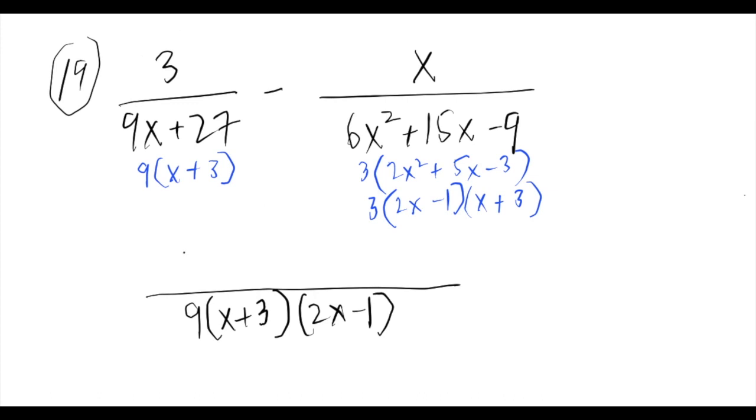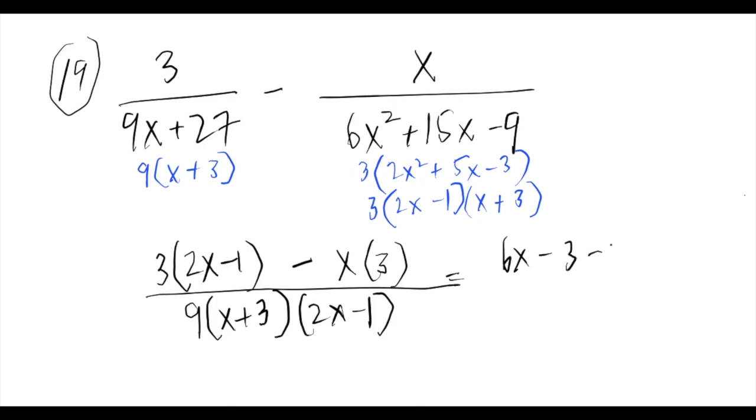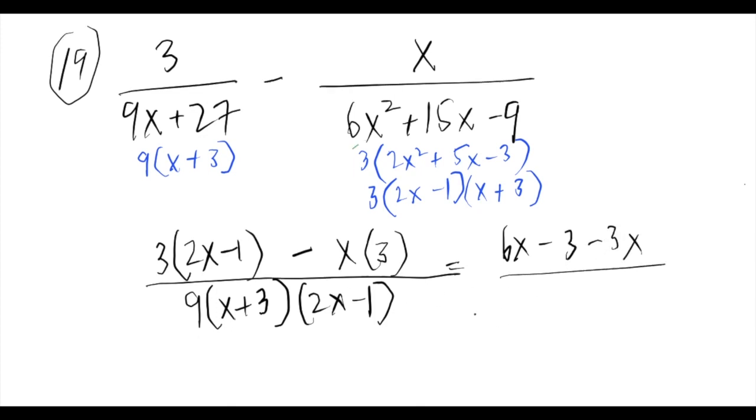Okay, so here, nag-multiply natin sa 3, we will multiply 2x minus 1. Minus, ano yung multiply natin sa x? Kulang lang ng 3. Okay, kasi 3 times 3 is equal to 9. Here, we will have 6x minus 3 minus 3x over this one. Okay, if i-simplify muna natin yung numerator, we will have 3x minus 3. Itong 3x minus 3 is equal to 3 times x minus 1 over this one.